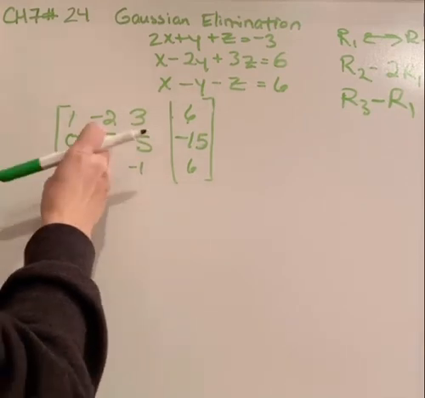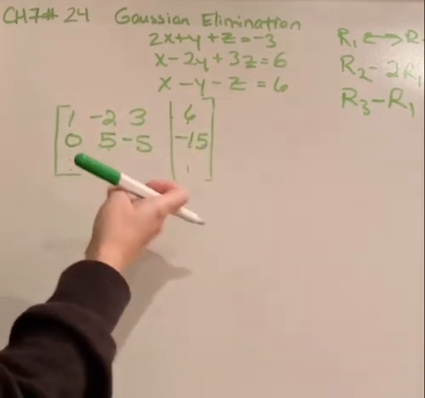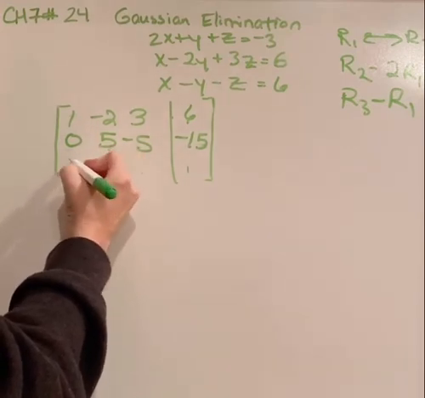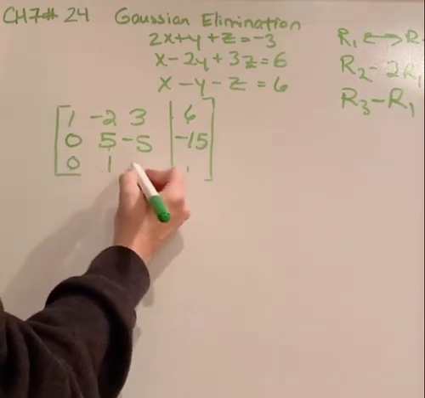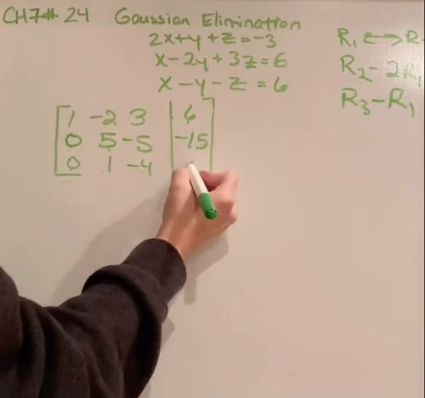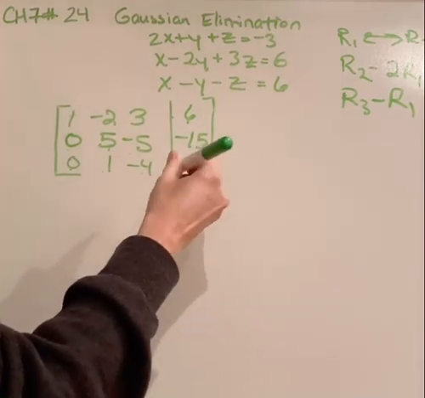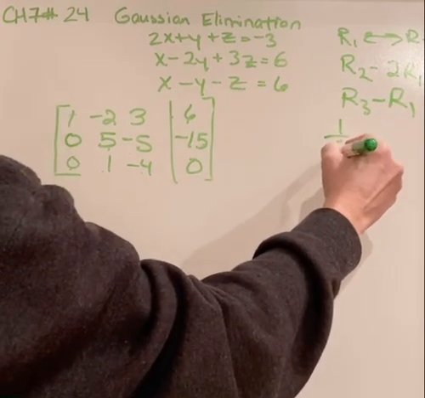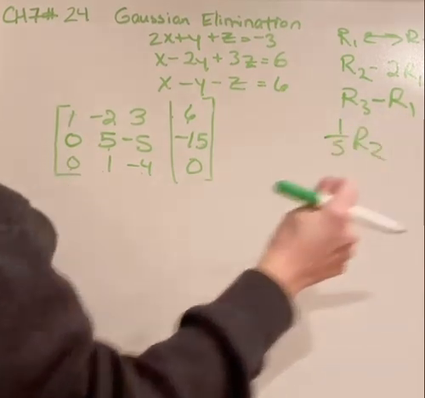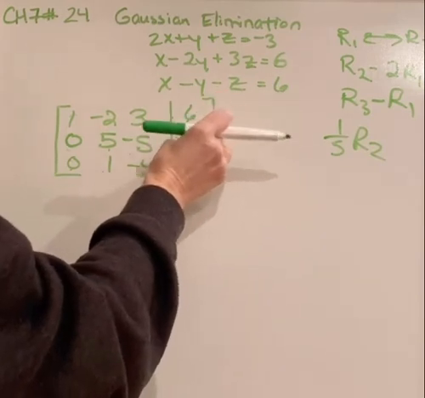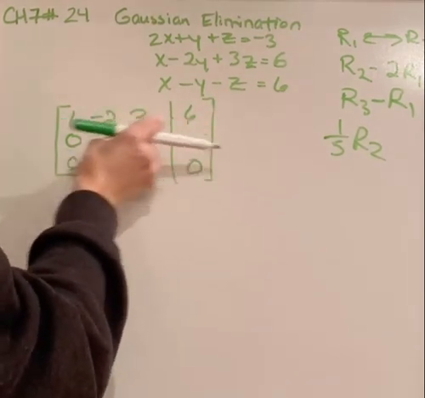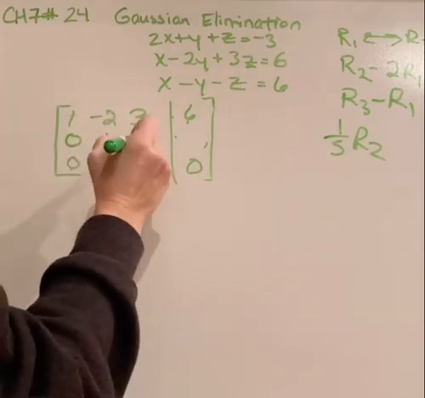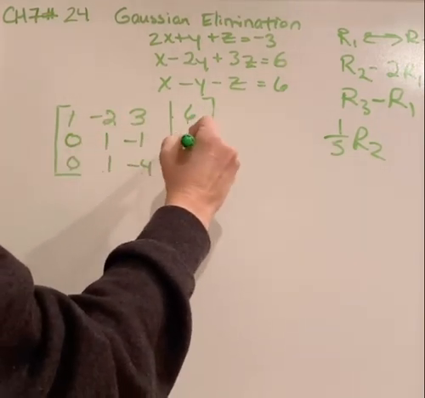That's going to give me 0, 1, -4, and 0. Now I'm going to do 1/5 of the second row. It's going to be 1, -1, and -3.